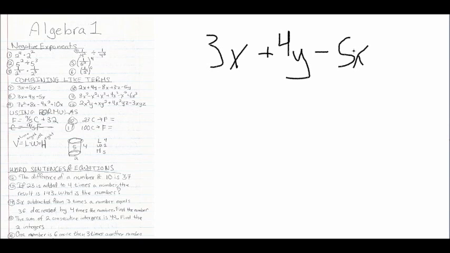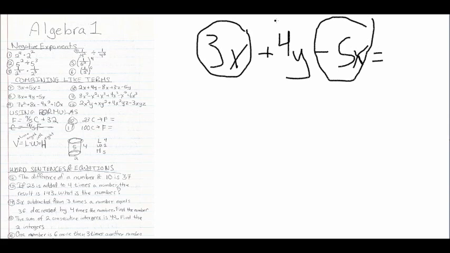What does get a little bit harder is number 8. With number 8, we have 3x plus 4y minus 5x. Before we can solve it, we have to figure out what are like terms. 3x and negative 5x are like terms, and plus 4y is a different term, because this is y and the other is x.